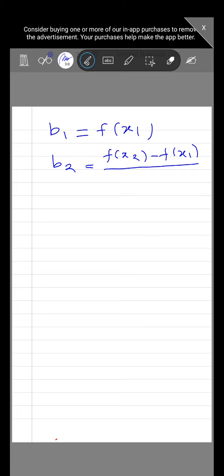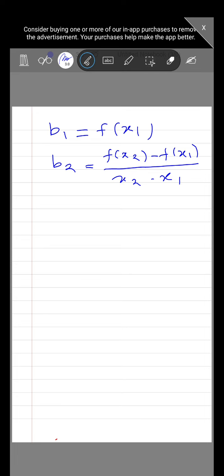So b1 is of course equal to f(x1), so there is no problem in that. The value of b2 was f(x2) minus f(x1) divided by x2 minus x1.